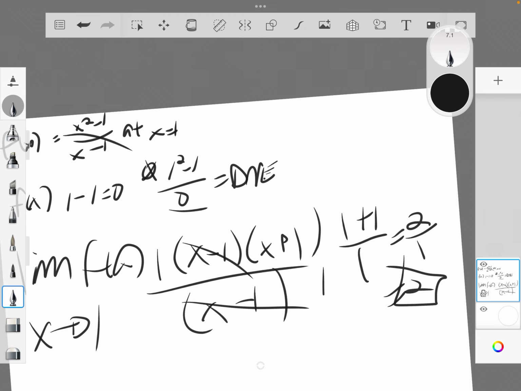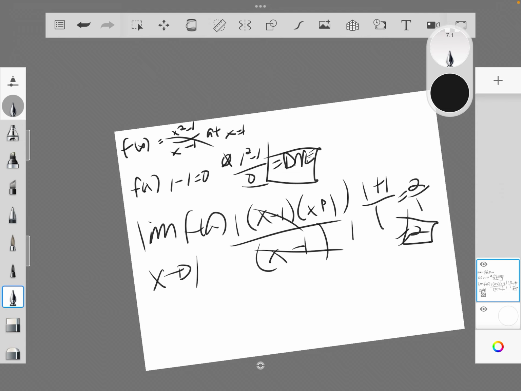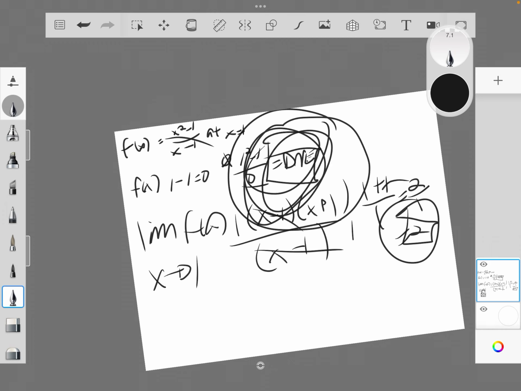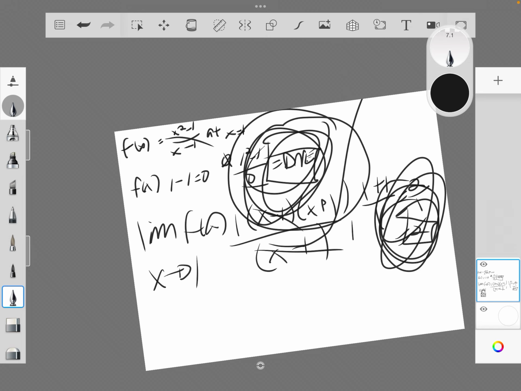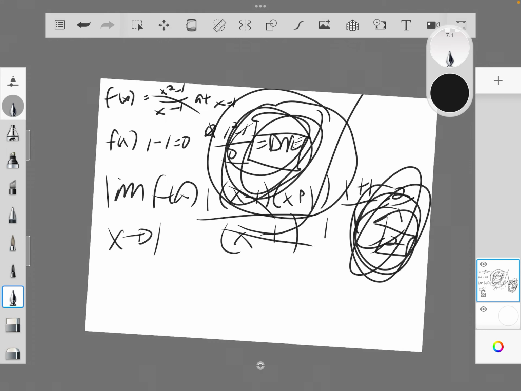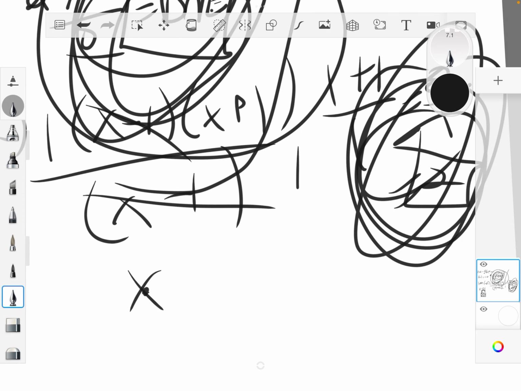So the limit does exist, but the function does not. This will be removable, because you know that it goes to 2, but the function is not there. There should not be a function, but there is. Confusing? Yes. So this is removable. Jump is pretty easy: if the limit doesn't exist, you jump, because the function exists. You know the point is there, but for some reason one of the sides just doesn't reach it. But in this one, the point is not there.